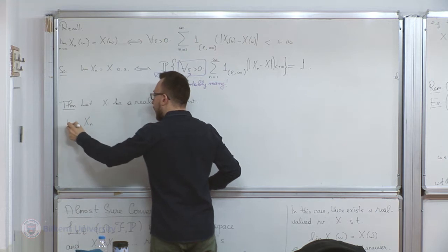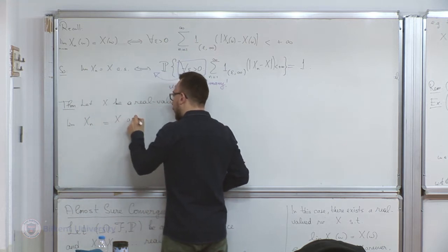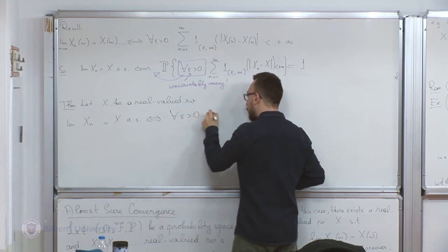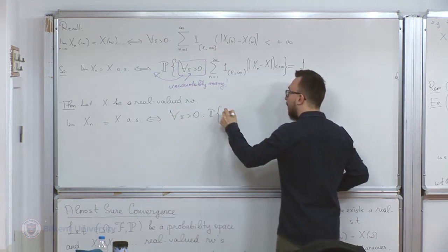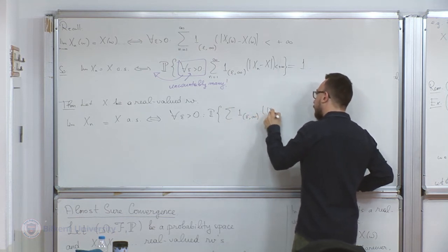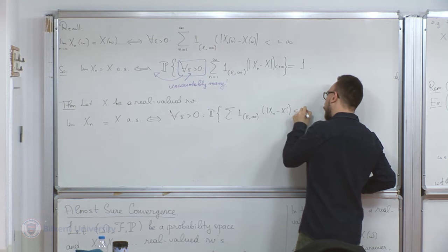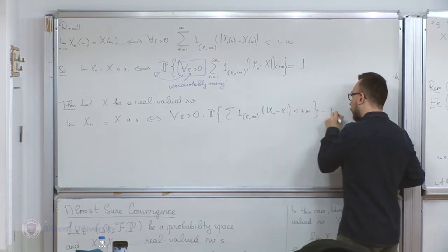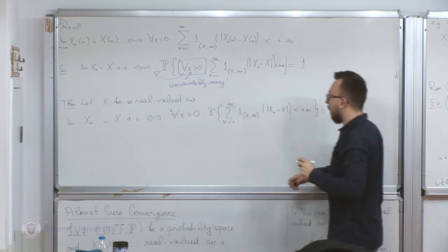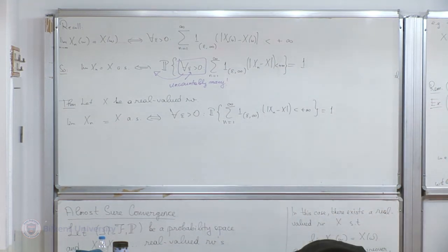Then X_n has limit X almost surely if and only if, now let me write this new version, with probability 1 we have this. So that would be a nice characterization of almost sure convergence, right?